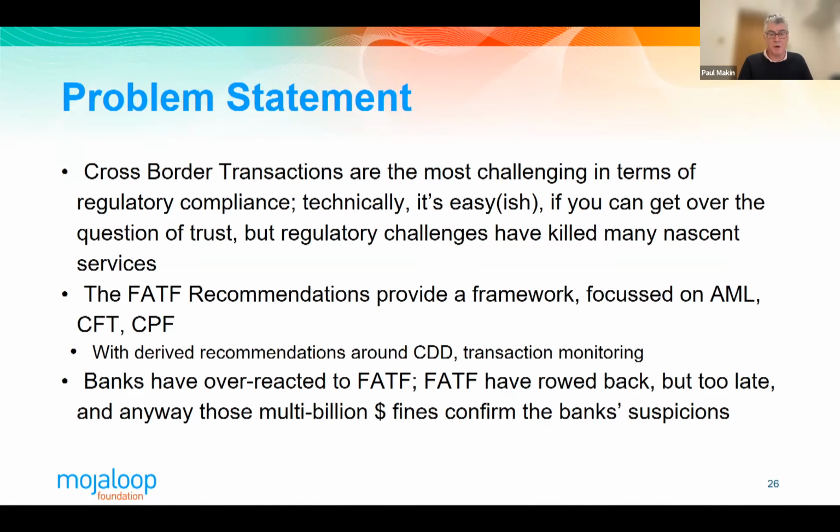Honest, you're overreacting," but it was too late. And in any case, there were a lot of multi-billion, and that's a billion with a B, fines levied against some of the large international banks, which just confirmed the banks' suspicions that they shouldn't engage in these more risky corridors.